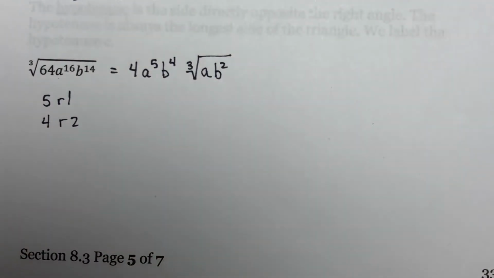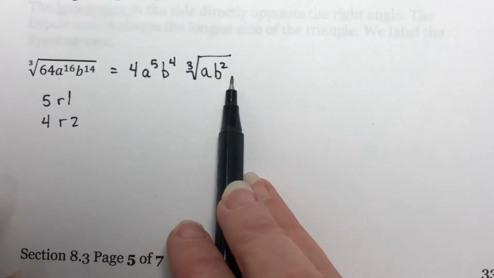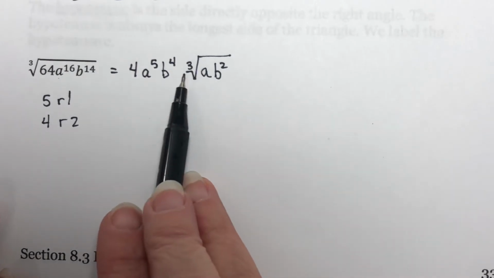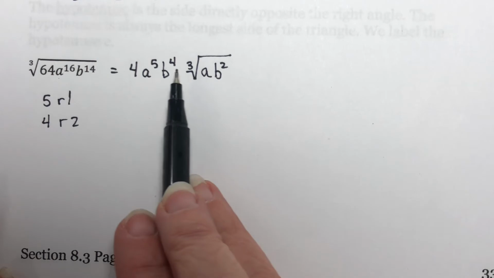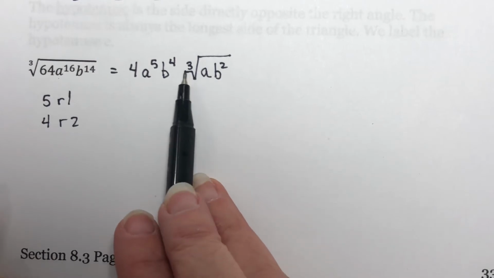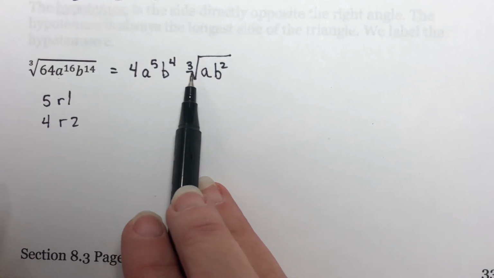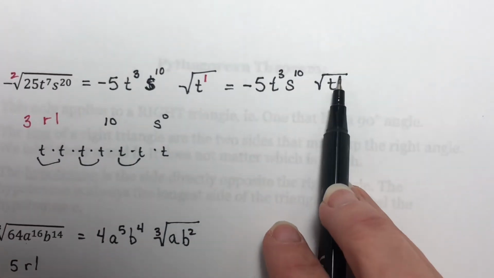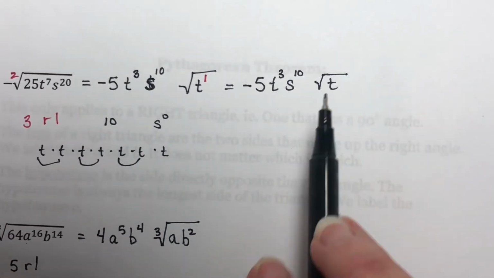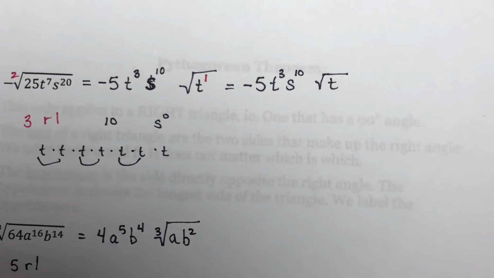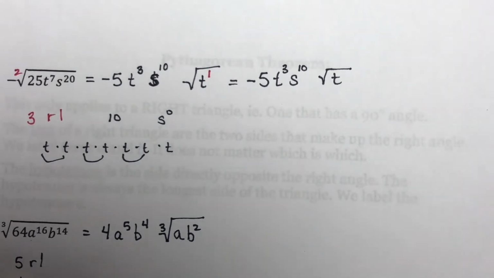Okay. Now, one thing I do want to remind you of is that one of our rules for being simplified was that our exponent cannot be larger on the inside than it is on the outside. So a square is okay because this is a larger index. When we had square roots, you're never going to have a second power on the inside because that second power is the same as your index, and that would mean you can simplify it further.